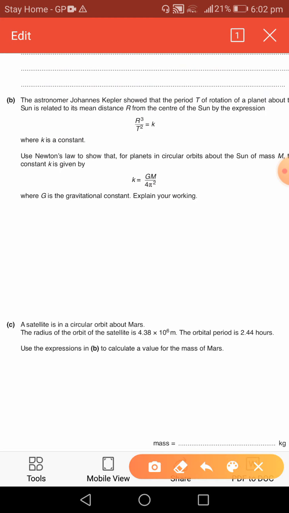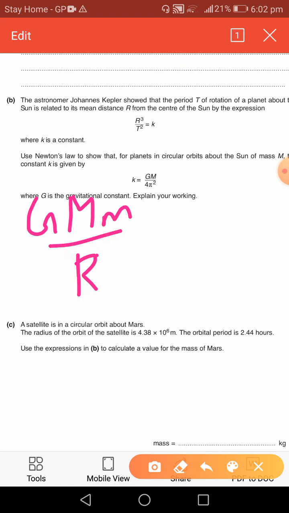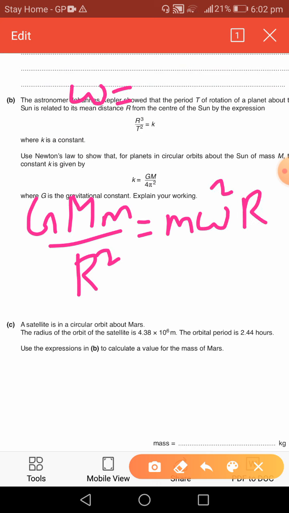So the force of gravitation would be GMm by r square, and the centripetal force is m omega square r. Omega is the angular velocity, that means the angle covered divided by the time taken.